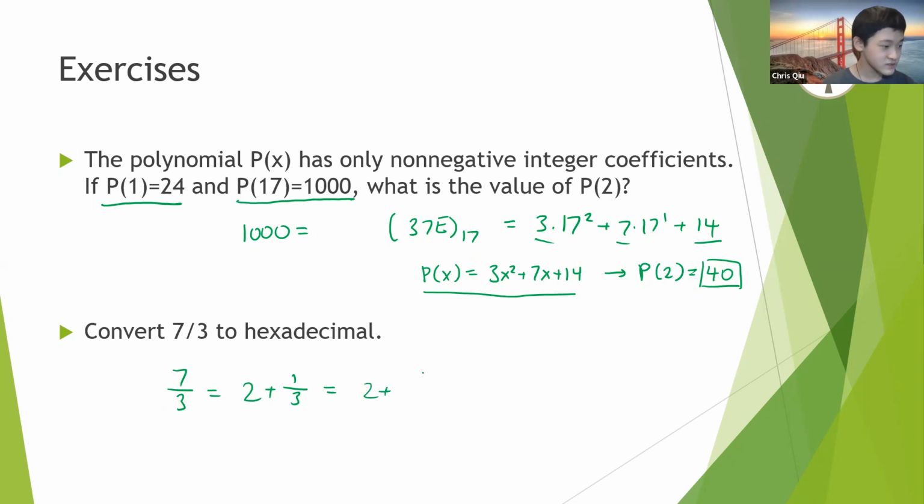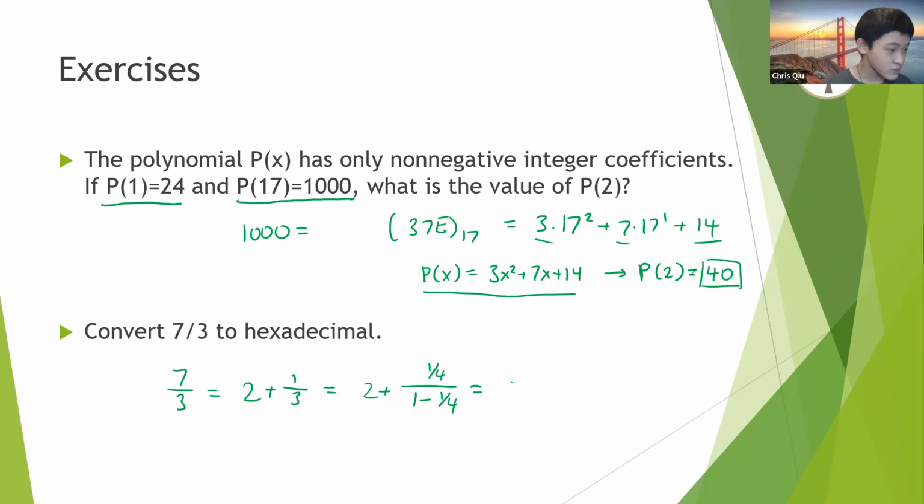This is equal to 2 plus (1/4) over (1 minus 1/4). What we're doing here is writing 1/3 as a geometric series of 1/4.